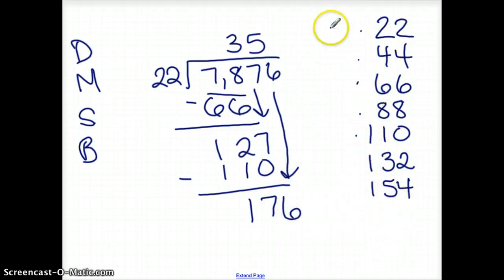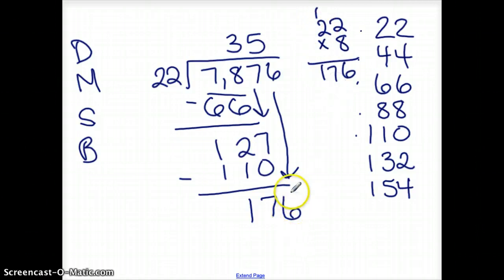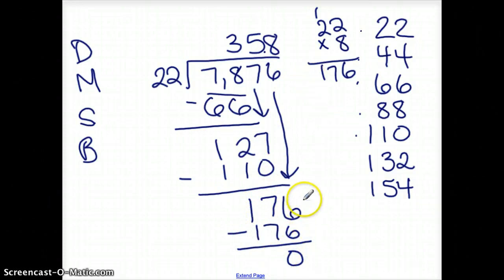So I need 22 times 8. 8 times 2 is 16. 8 times 2 is 16 plus 1 is 17. So 176 divided by 22 would be 8. 22 times 8 is 176. Subtract. Anything else to bring down? Then my answer is this.